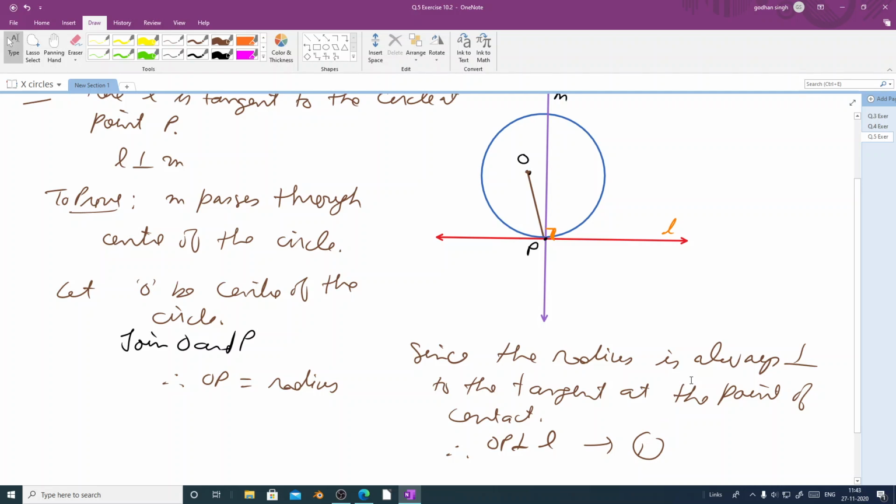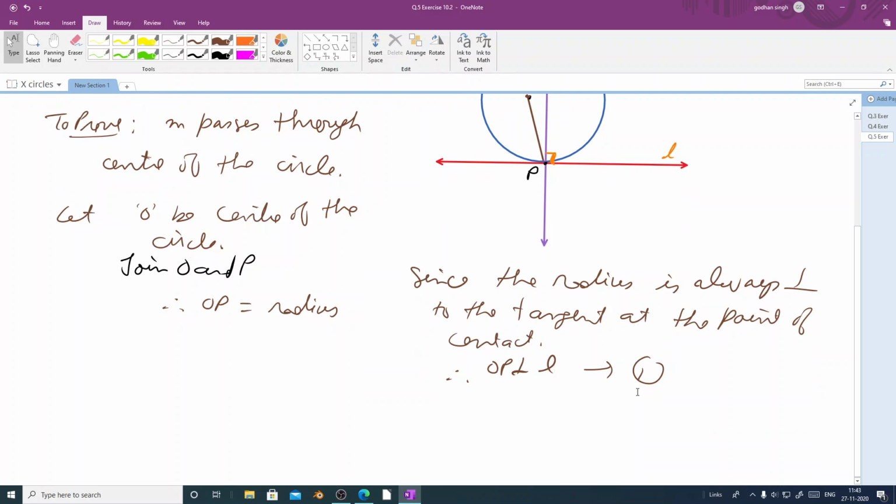Also, what is given to us is that M is perpendicular to L, and it is perpendicular at point P. So, this is our second one.